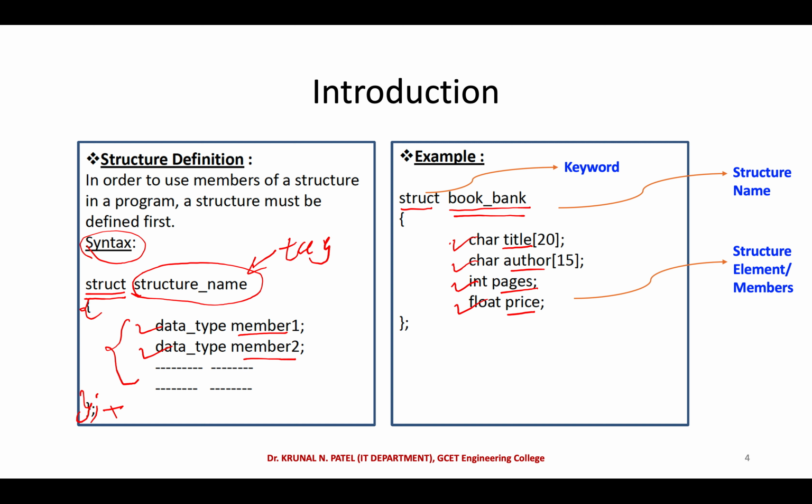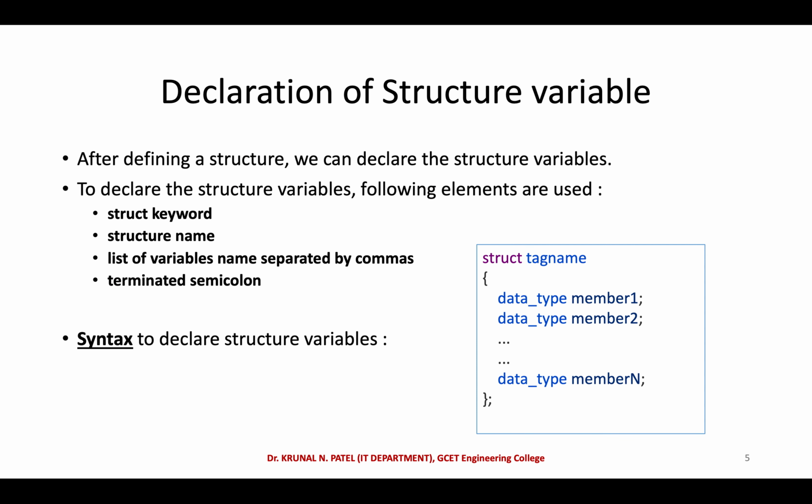So here let's understand what this means. Struct is a keyword, this is our structure name, or you can say the tag name, and then you can define the structure elements or the members. So this way you can define a particular structure of any name.